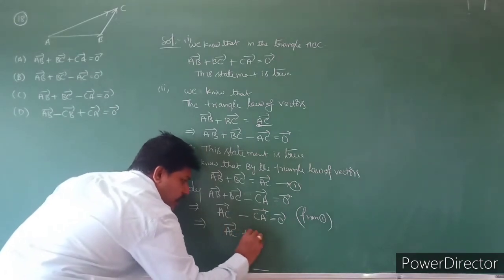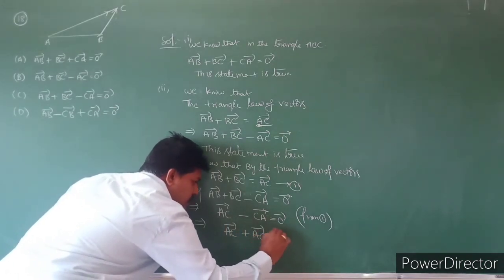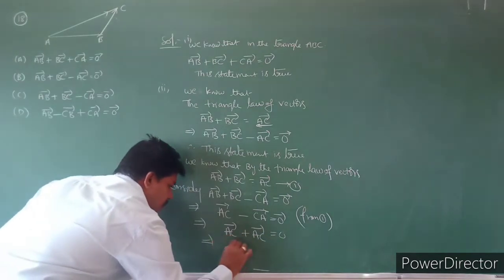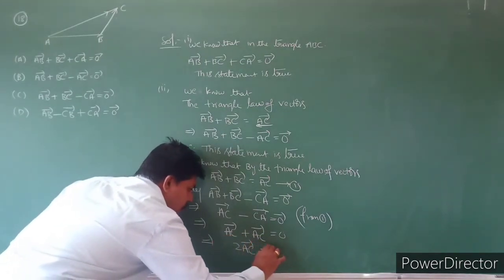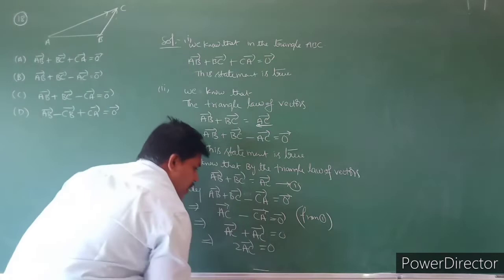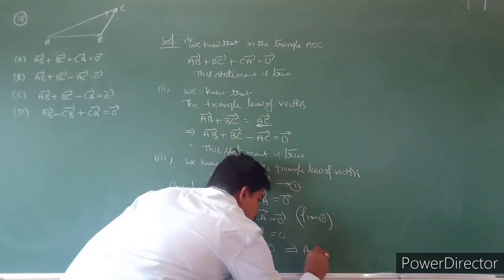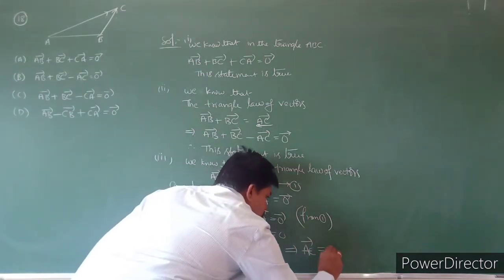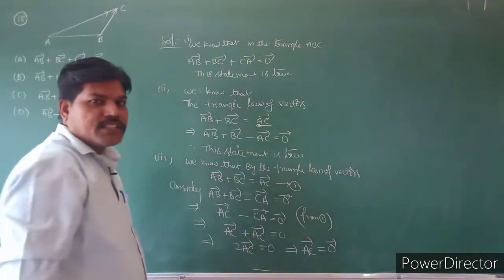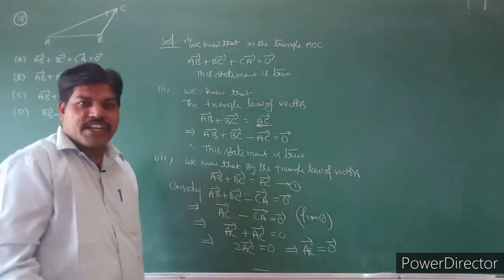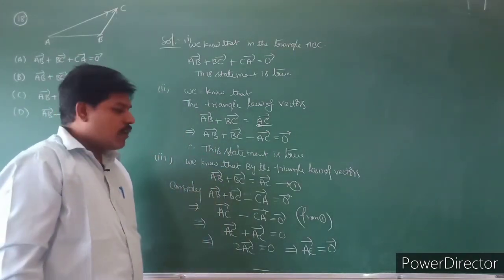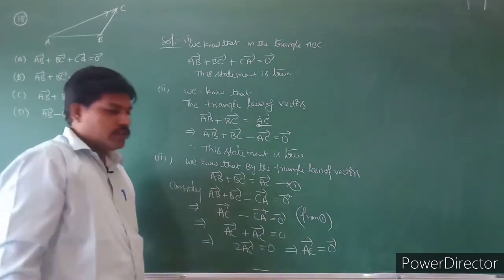Already minus is there, it will become plus AC bar is equal to 0. That implies 2 into AC bar is equal to 0, that implies AC bar is equal to 0 bar. So one side is 0. The triangle one side is 0. It is not possible.